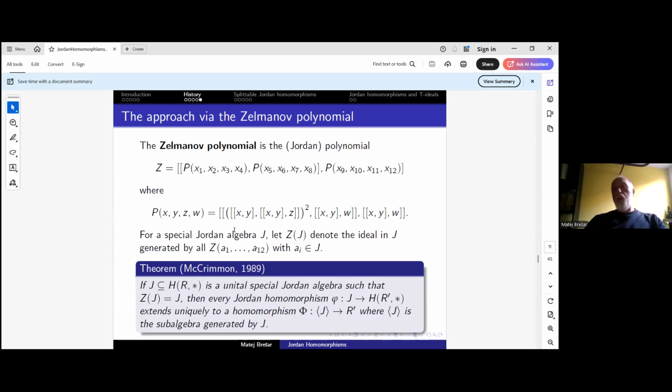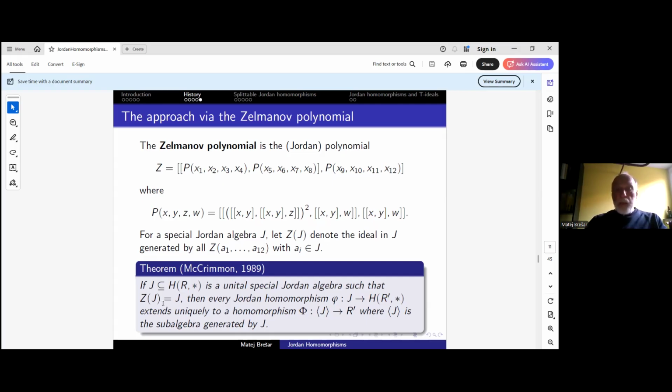That one can also study Jordan homomorphisms by this. Okay, so you can see some complicated polynomial here. Do not pay much attention to it. It's not the only possible polynomial. It is just the fact that there exist polynomials. This particular one has degree 48, so a big polynomial somehow, such that if you take the ideal generated by the evaluations of this polynomial, you can say something about Jordan homomorphisms.